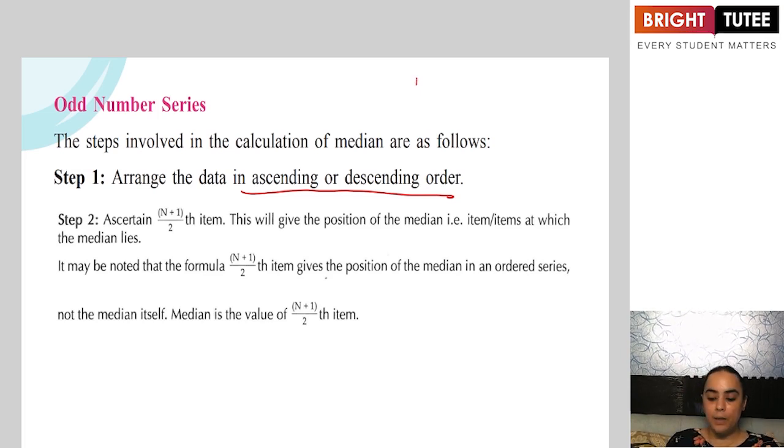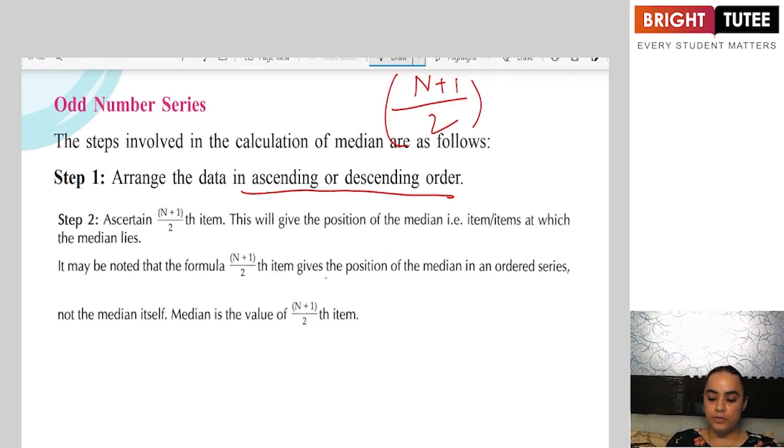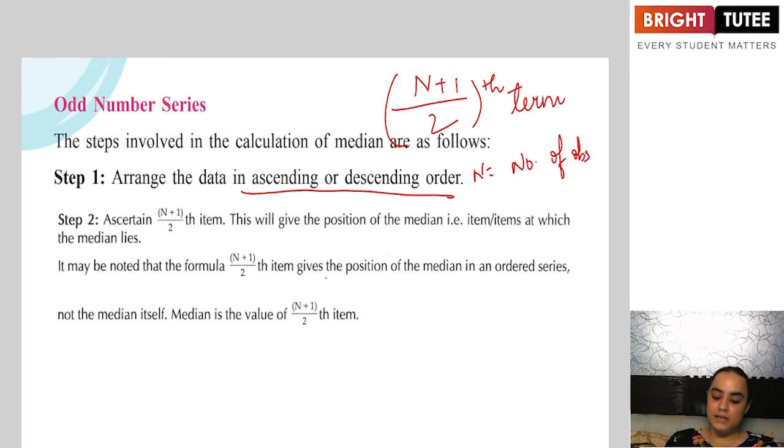And then I apply the formula: n plus 1 by 2th term. What is n? N is the number of observations. Whatever is the number that you get here, that value in your series will be your median.